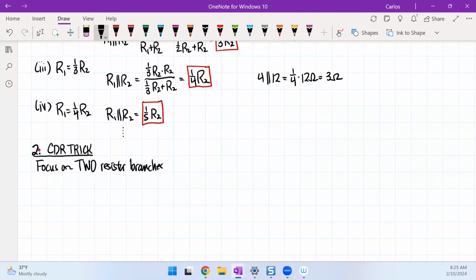Even though I may have 4 or 5, I'm going to only focus on 2. So when I think about my circuit, here's my branch, and then I'm going to have 2 resistors here. I'm going to have R1, and I'm going to have R2.